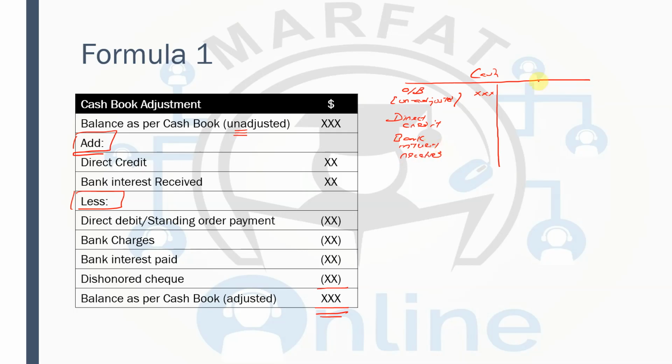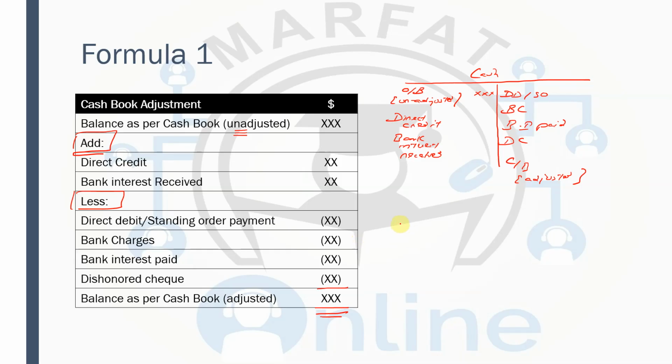Anything which decreases the cash balance comes on the credit side, which includes direct debit and the standing order payments. We have the bank charges, we have the bank interest paid, we have the dishonored check, and then you will get the closing balance, which is going to be the adjusted cash book balance. Now this is the simplest way to calculate the unadjusted to the adjusted balance.